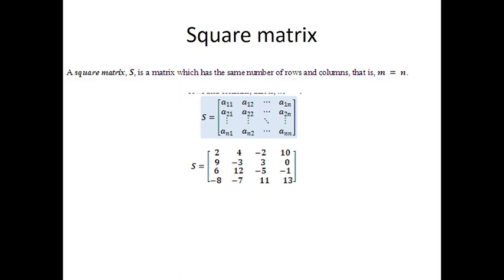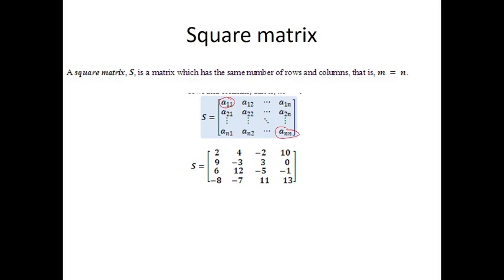This is an example of a square matrix. As you notice, this is the pattern. If I have here a11, the number of columns is the same as the number of rows. If that is satisfied, we call the matrix square, until ann.